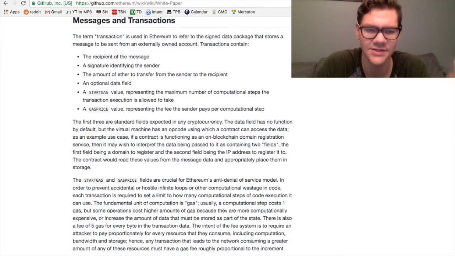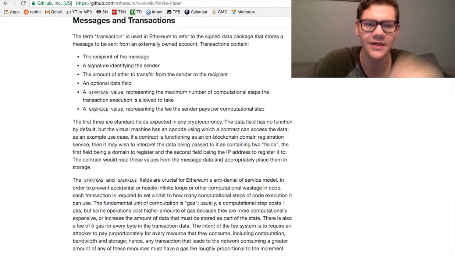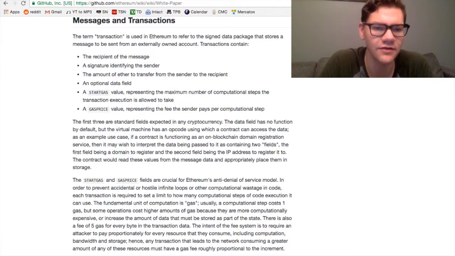Messages and transactions. The term transaction is used in Ethereum to refer to the signed data package that stores a message to be sent from an externally owned account.